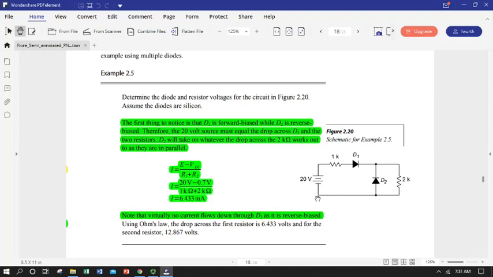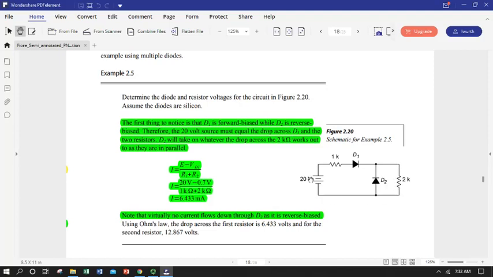So we could KVL this and say we go from a 0 volt reference point, we go up 20 volts, we drop whatever our total circuit current is times 1K. We drop 0.7 over D1 in the forward bias. No current flows through D2. The same current that flowed through the 1K flows through the 2K, and that brings us back to ground.